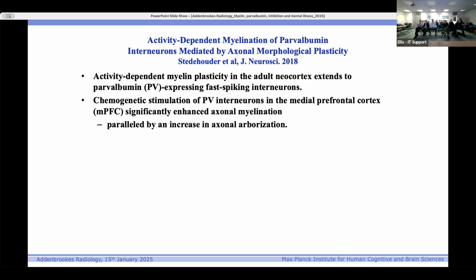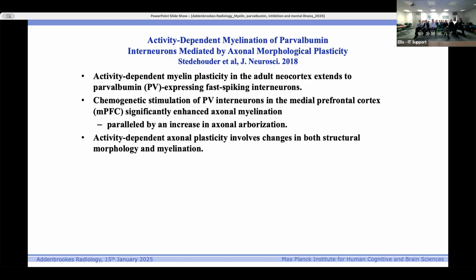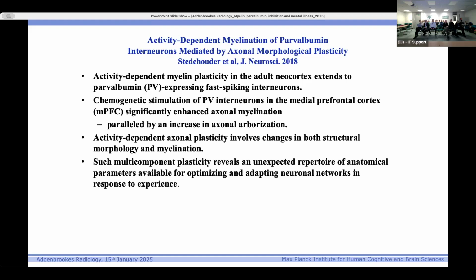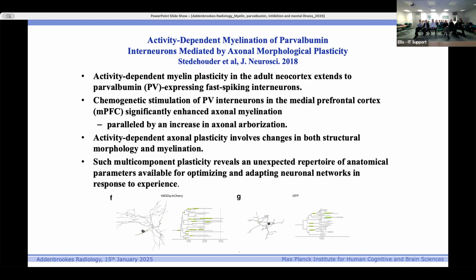In this case, they use chemogenetic stimulation in the medial prefrontal cortex in, I think it was rat brain. It significantly enhanced axonal myelination. You can actually see it happening in vivo. And he shows pictures of how much more myelin, which is in green, you get on these basket cell axons when you stimulate.